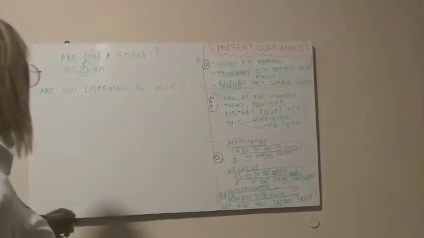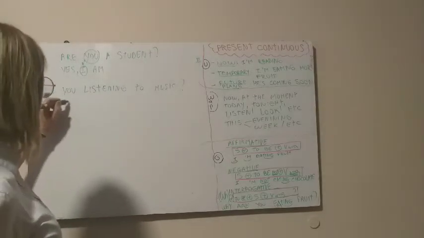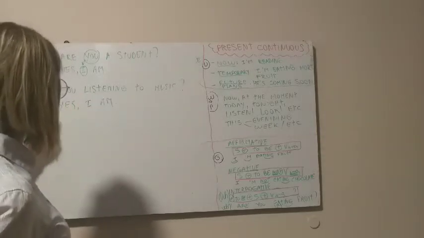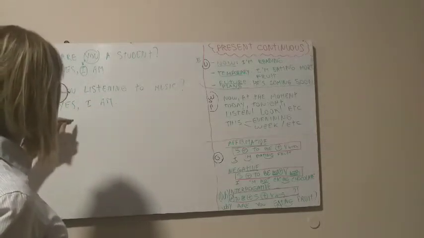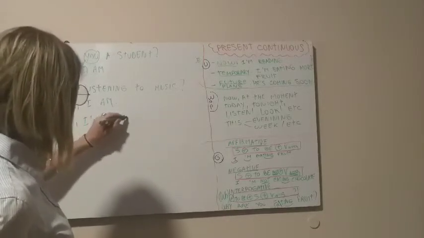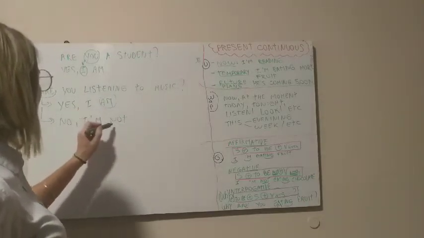Are you listening to music? In this case, you are going to write yes. If it is affirmative, I am. Yes, or no, I'm not. Yes, okay. You're going to write always the verb to be because you have the verb to be.